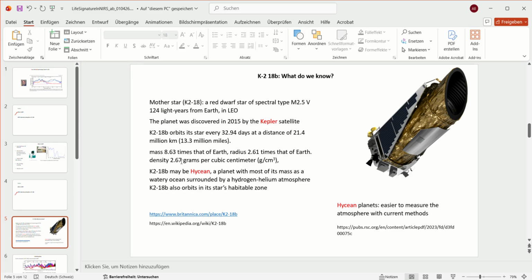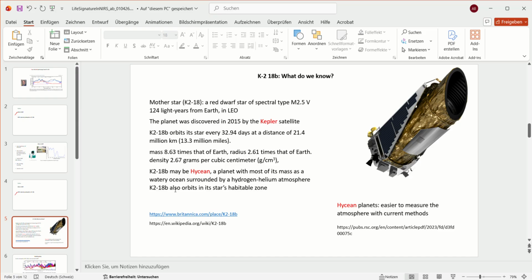And then an icy planet, and if it's really, really heavy, 5 grams per cubic centimeter or so, it must be a full metal planet. And 2.67 is somewhere in between. Could be a silicate, a stony planet, maybe with an atmosphere, maybe without, but it turns out this planet has an atmosphere. And people thought it may be a Hycean planet, and this is a term for a planet with a large watery ocean surrounded by a hydrogen-helium atmosphere.